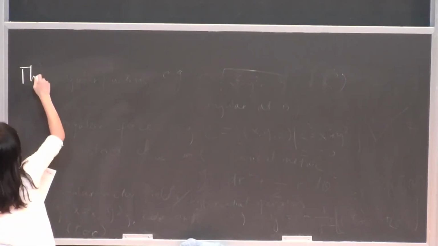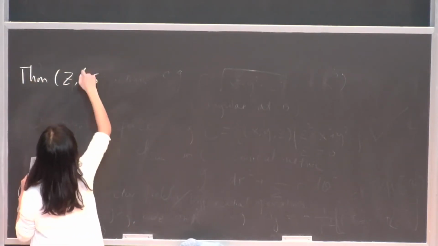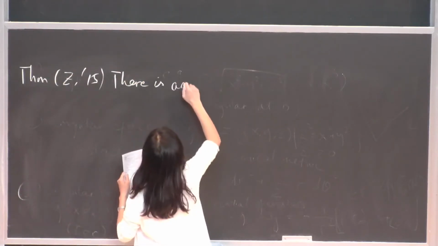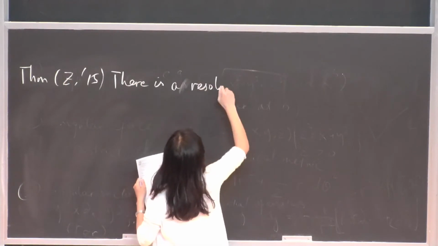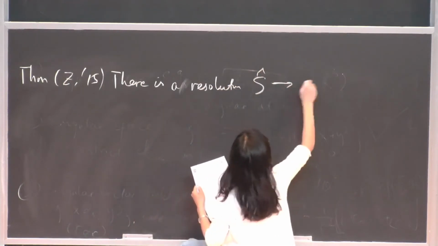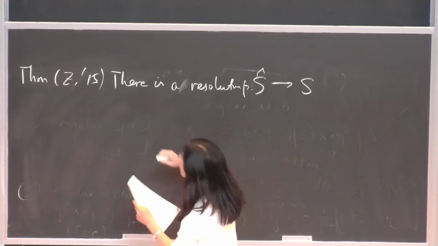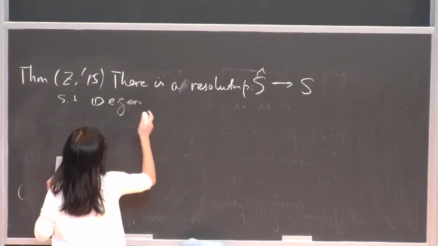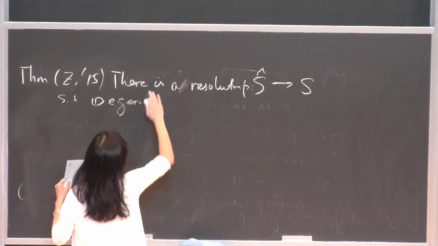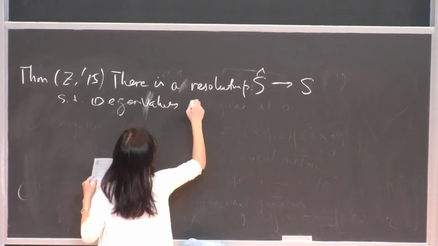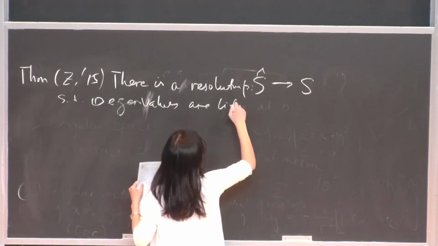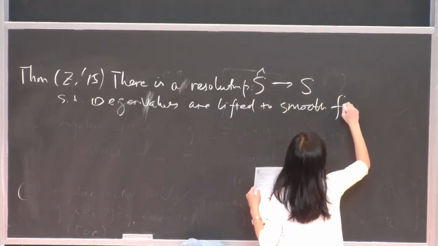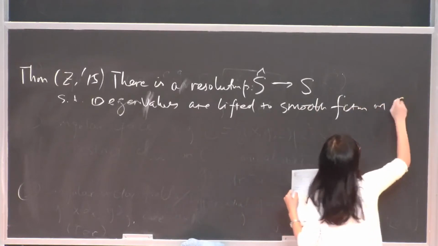There's a theorem from 2015 that there is an eigenresolution, which I call S hat, such that the following is true: first of all, eigenvalues are lifted to smooth functions on this new space S hat.